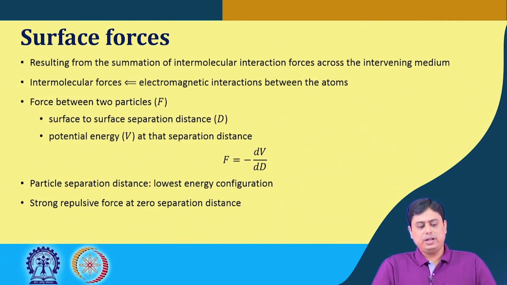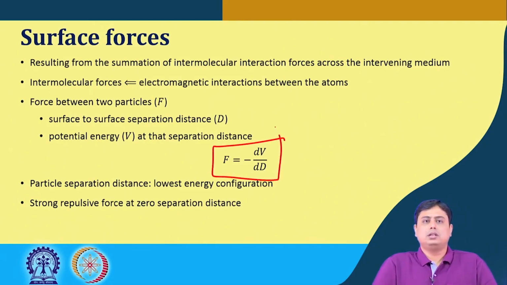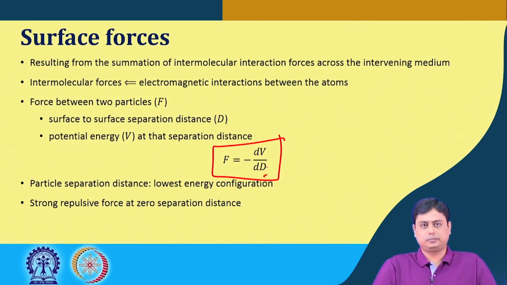Generally, the force between two particles depends on the surface to surface separation distance and the potential energy at that distance, and the relation is that the force equals minus dV by dd, the derivative of the potential energy with respect to the separation distance d.